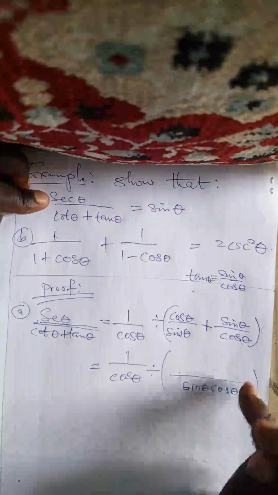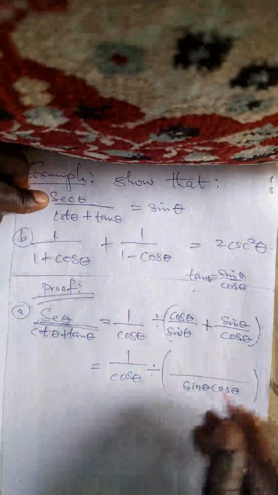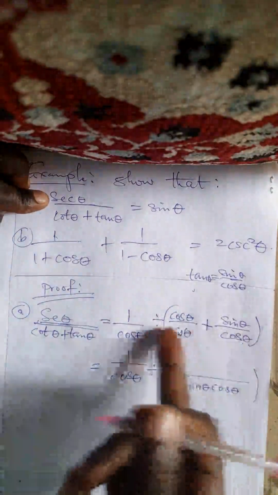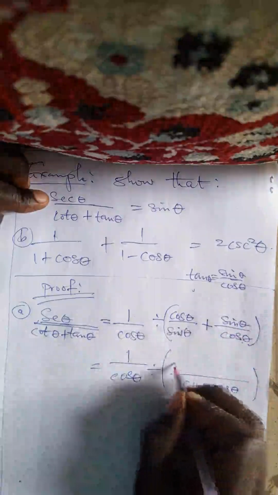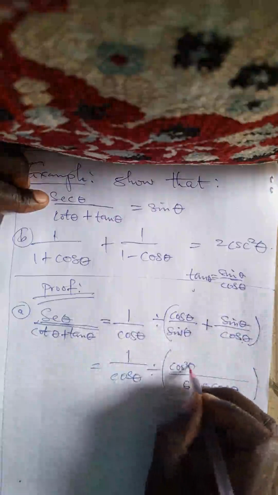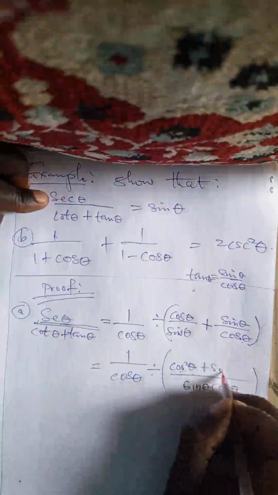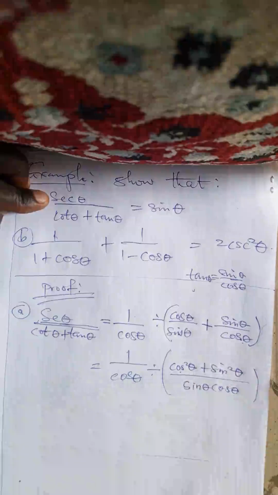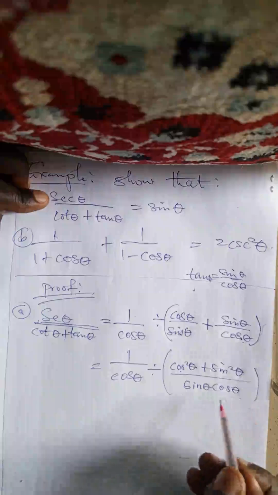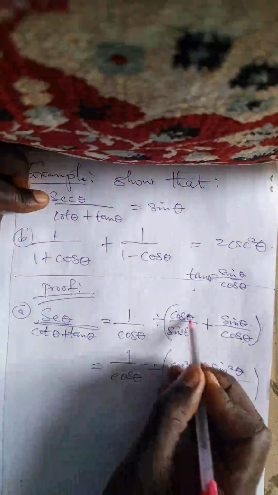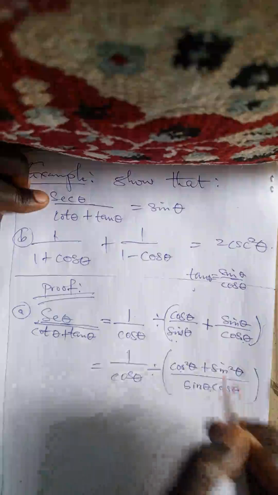And so we have cos square theta plus sine square theta. Why? Because this is the LCM, so we take the LCM, multiply by this and divide by this. When you multiply, the LCM is sine theta cos theta times cos theta.